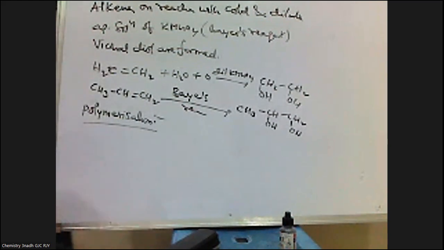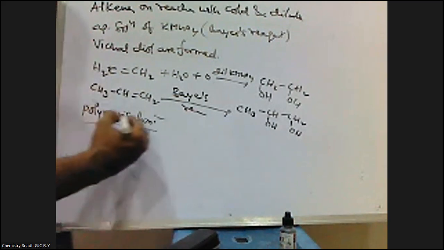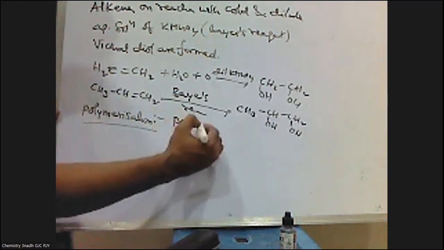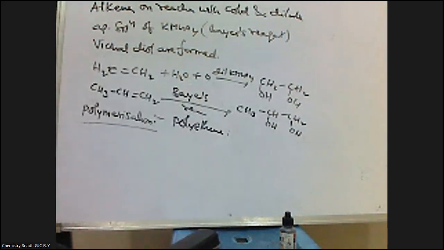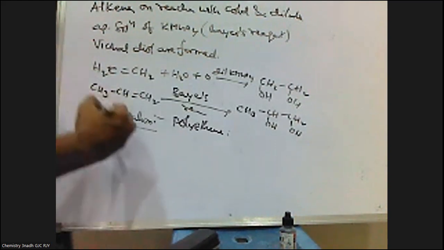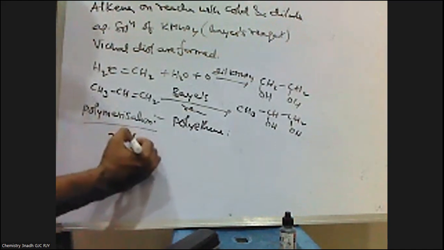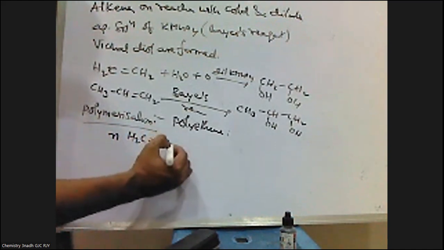Polymerization means smaller molecules add together and bigger molecules are formed. Polythene is obtained by the combination of a large number of ethylene molecules.